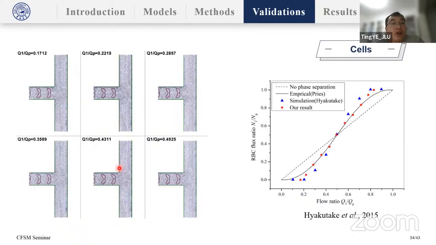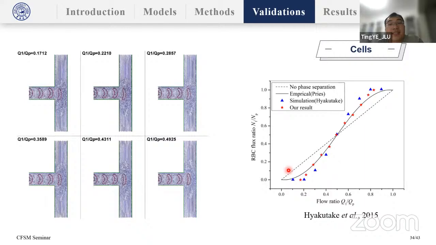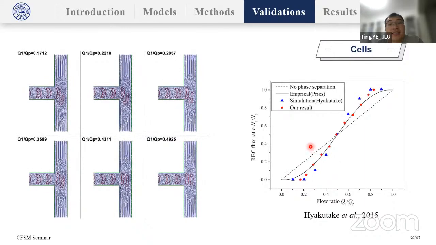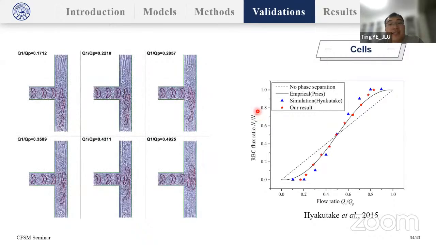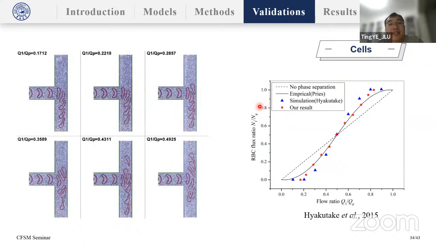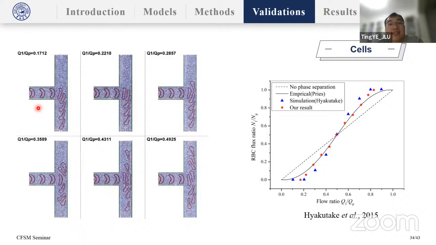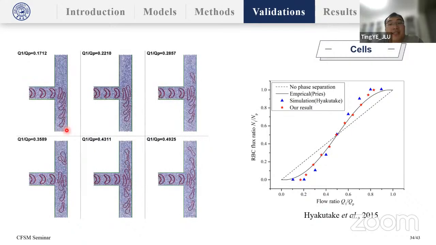Okay, the last test is to validate the open boundary condition. We examine the cell distribution in a T-junction vessel under different flow ratios. This vessel is the parent vessel, this is labeled as the first vessel, and this is labeled as the second vessel.